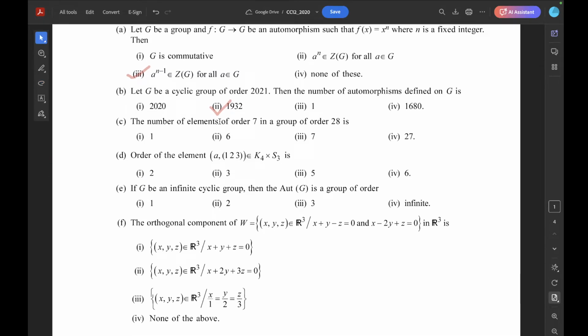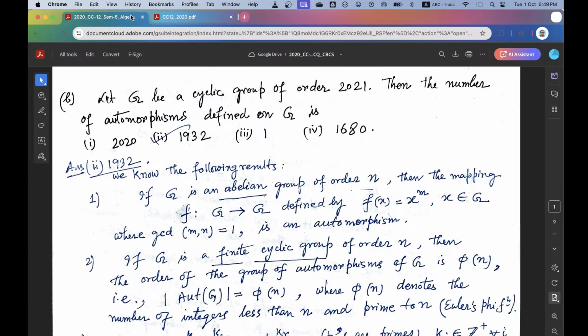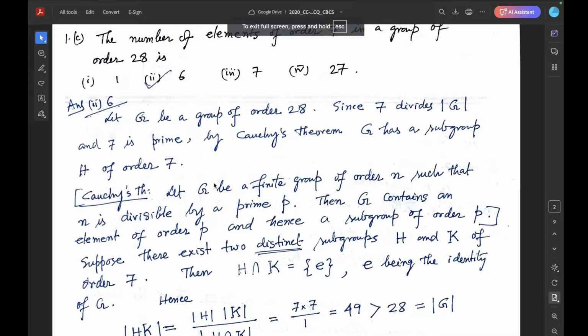Question C. The number of elements of order 7 in a group of order 28 is what? Let G be a group of order 28.